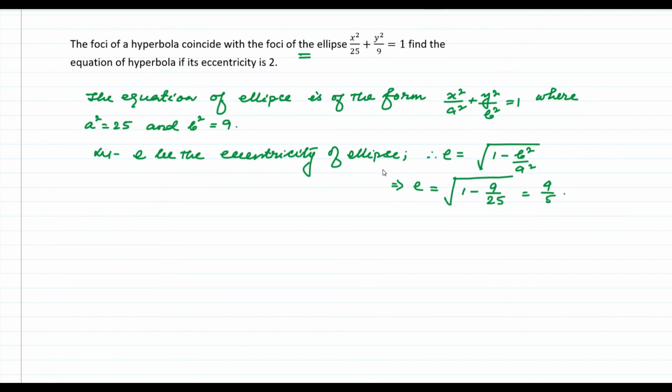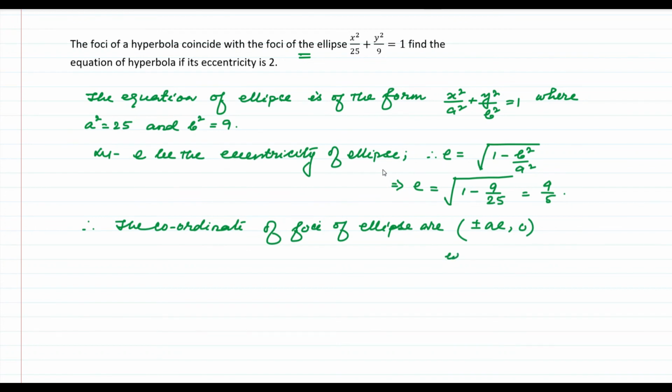Now what would be the foci of the ellipse? Therefore the coordinates of foci of the ellipse are plus minus a comma 0, that is plus minus ae comma 0.